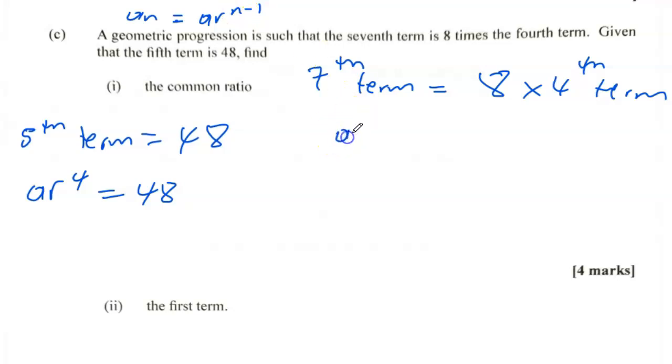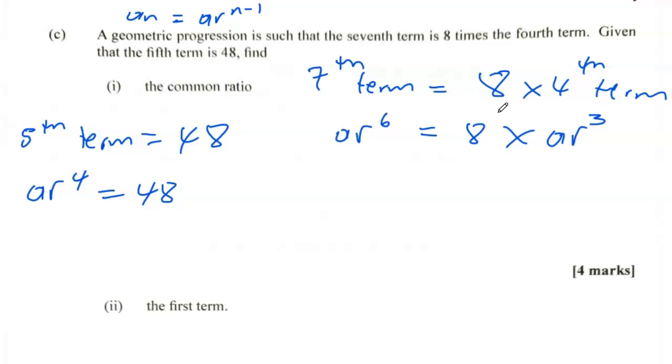So that's ar to the power of 6 equal 8 times the fourth term. And to get the fourth term, replace n with 4. So it's ar cubed, 4 minus 1, 3.